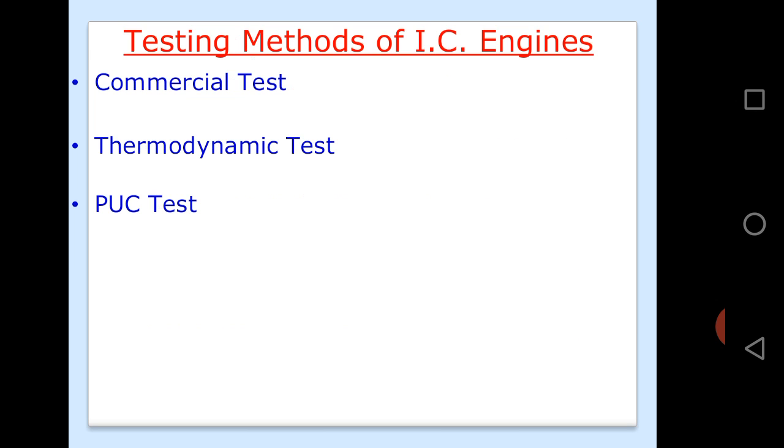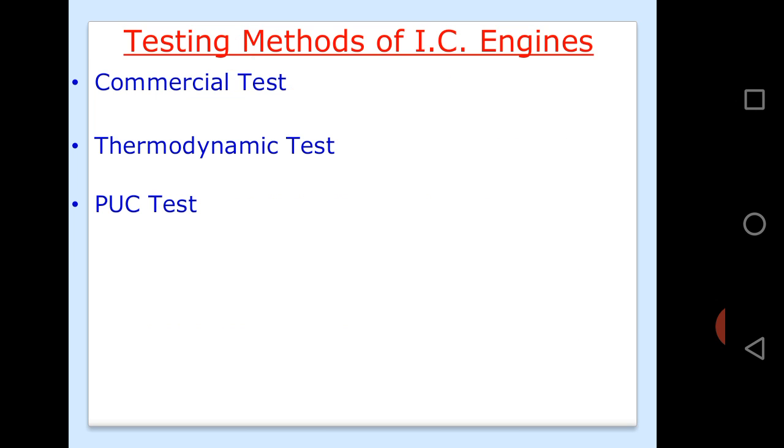Again, we need to find out the quantity of cooling water, the quantity of lubricating oil we are supplying to the engine, the overload capacity of the engine, and we have to check the exact timing of the valves and injection of the fuel.